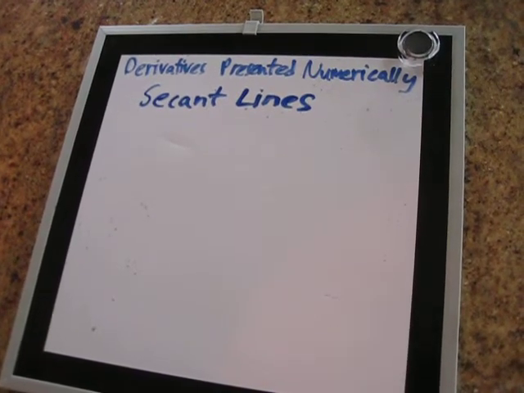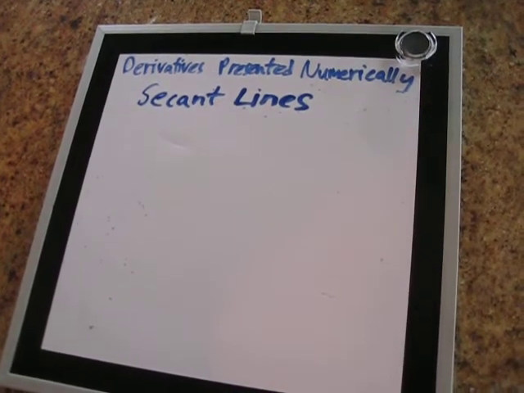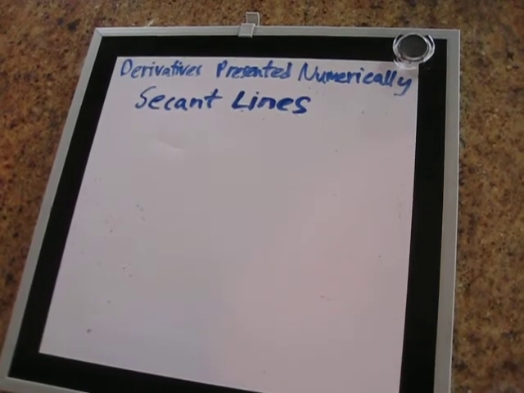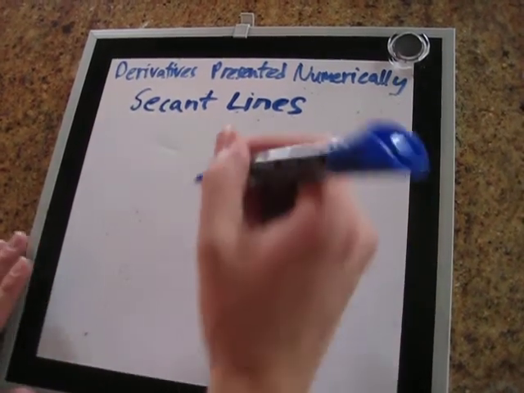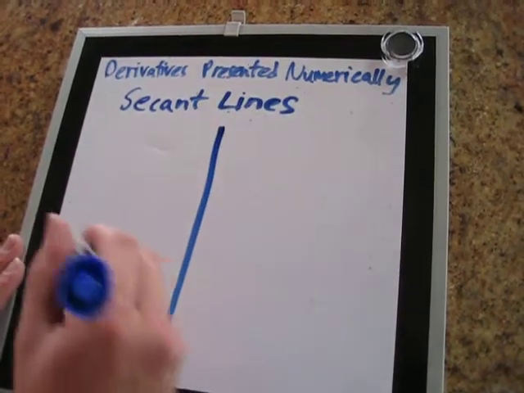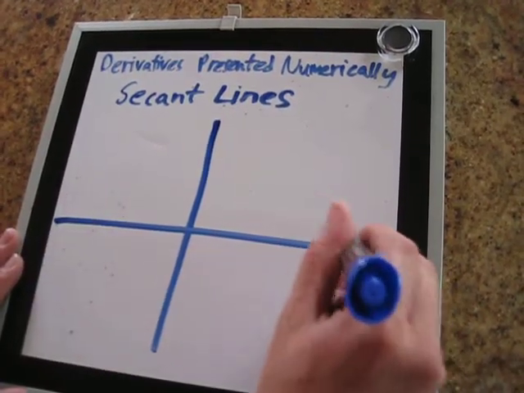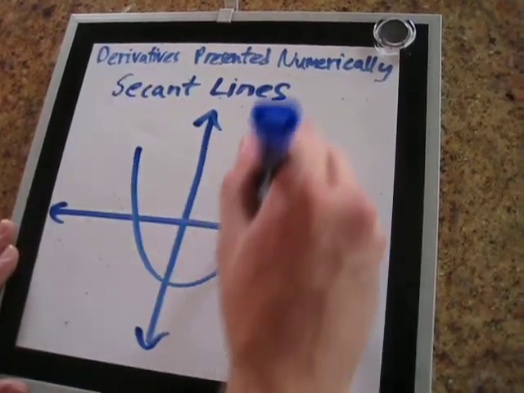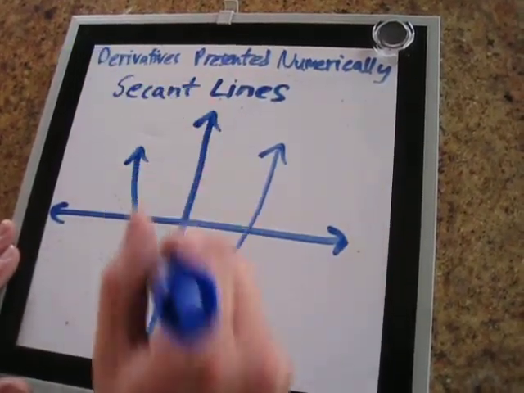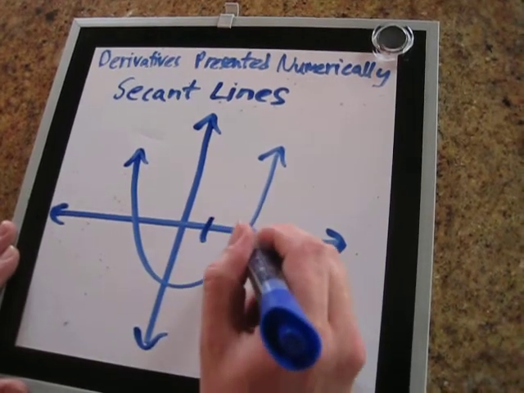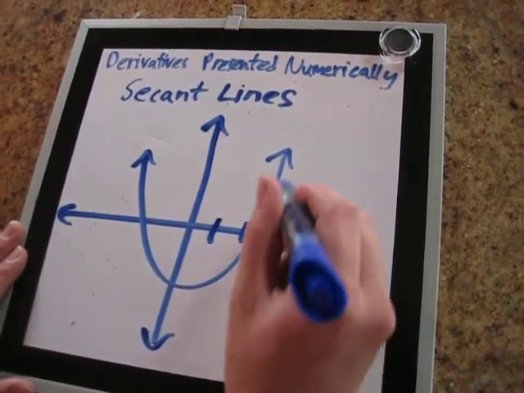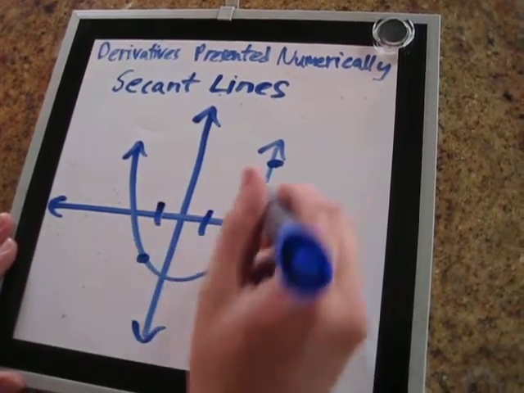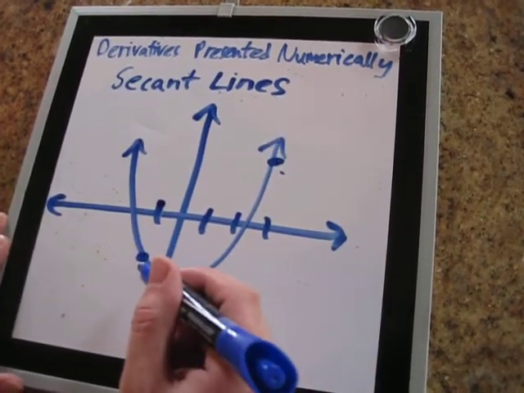And this is significant. Also, the slope of a secant line on an interval represents the function's average rate of change on the interval. So here I'm just going to show you the graph of a parabola, and I'm going to sketch the secant line to the parabola on the interval here, +3, excuse me, and here -1.